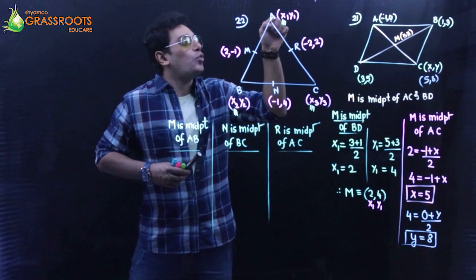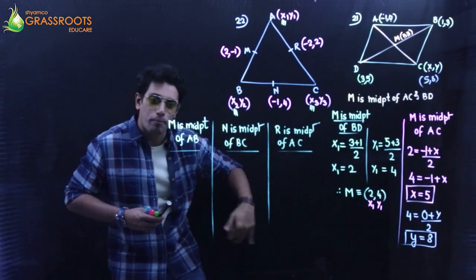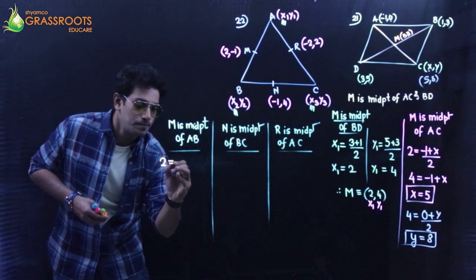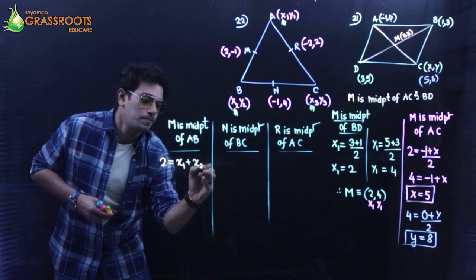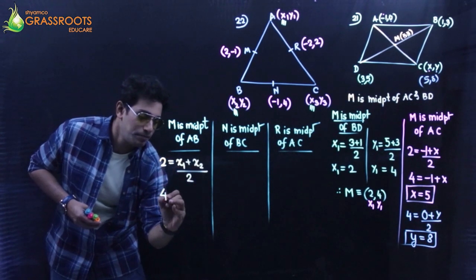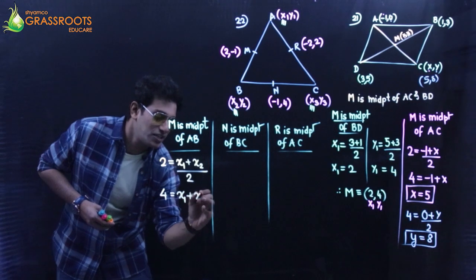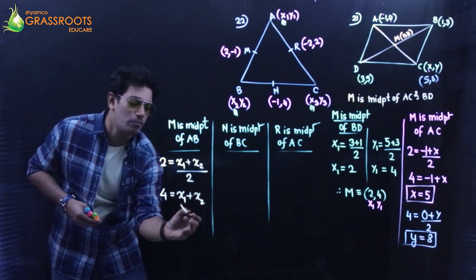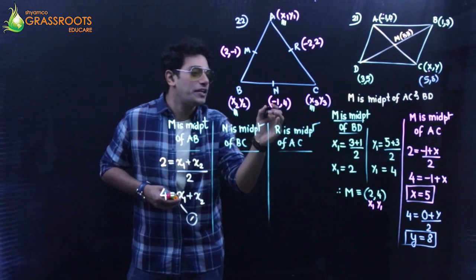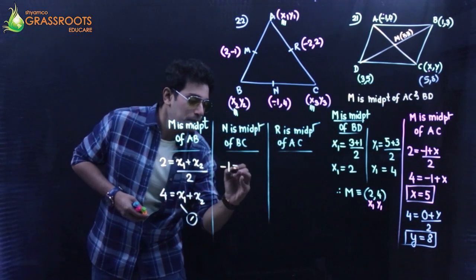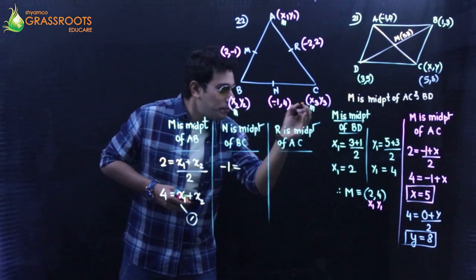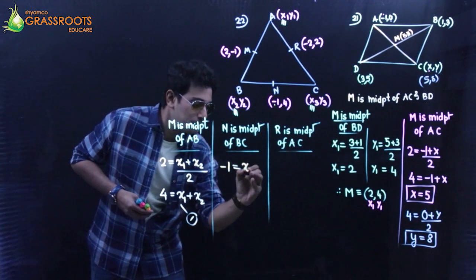Alright. So use the midpoint formula. 2 is equal to x1 plus x2 upon 2. Cross multiply. 4 is equal to x1 plus x2. Leave it as equation number 1. Similarly, minus 1 is equal to x2 plus x3 upon 2.